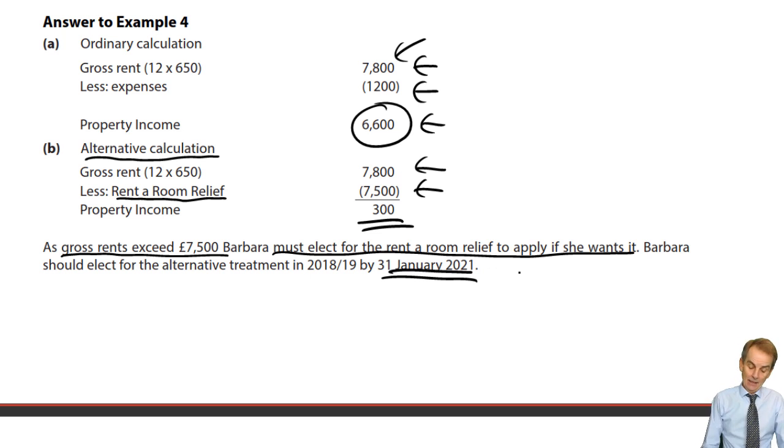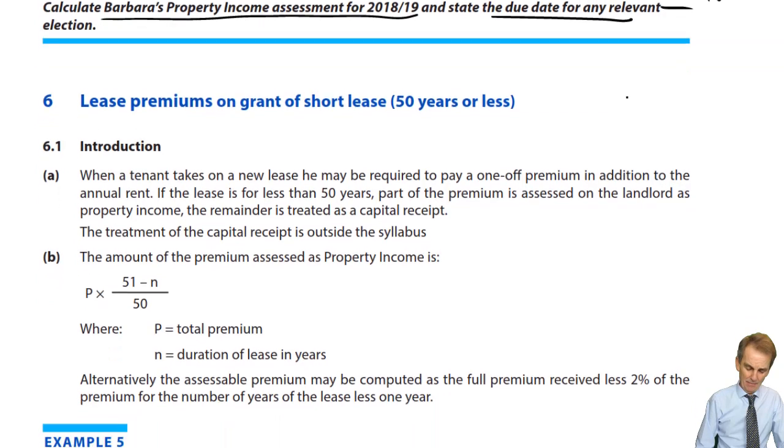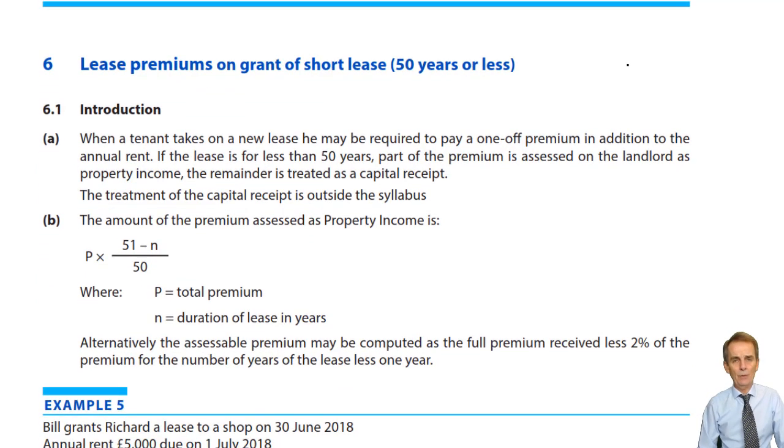Okay. Check through what we've done so far, because where we will be going next in terms of our studies, still sticking with property income, but looking at something very different that we introduced at the beginning of this particular chapter, is a one-off premium that is received when you, as a lessor, grant a lease, a short-term lease, which we'll define again in this note next time, on a property.